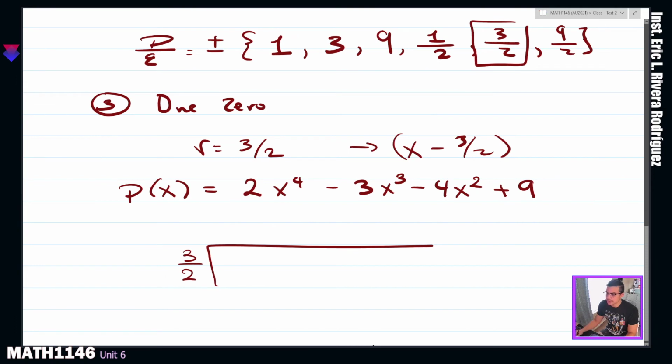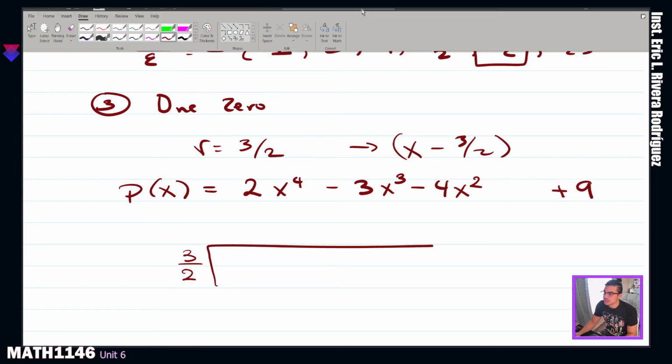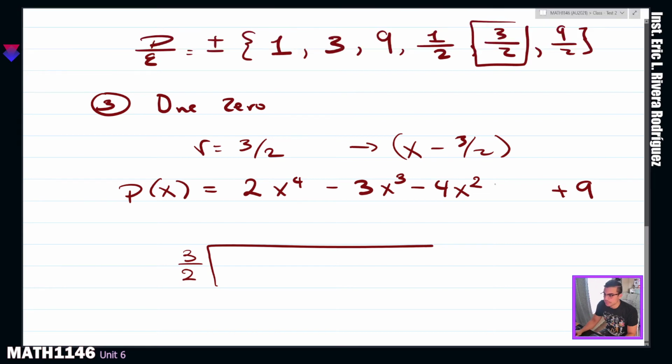There is one term missing in this polynomial: the term with just x. That is something I need to take into consideration when I do synthetic division. So plus 0x. My coefficients are 2, -3, -4, 0, and 9.